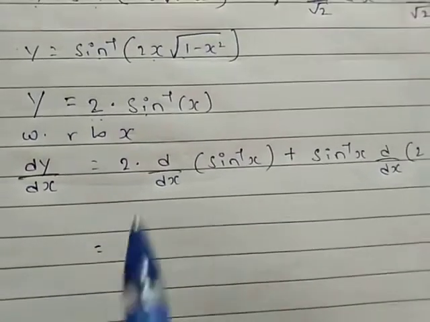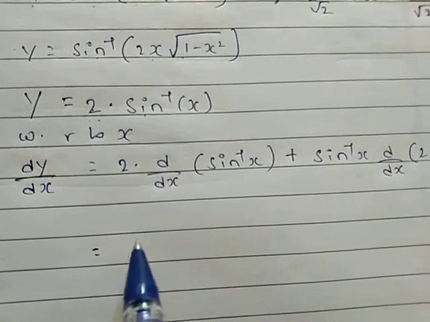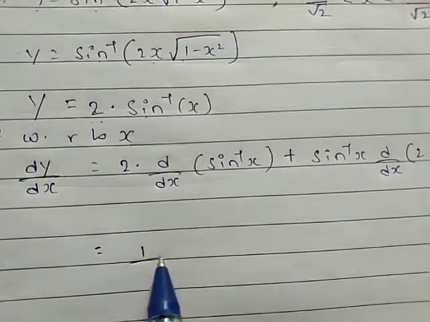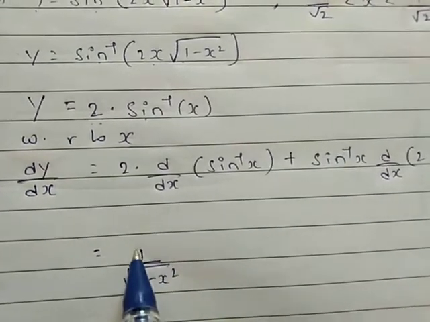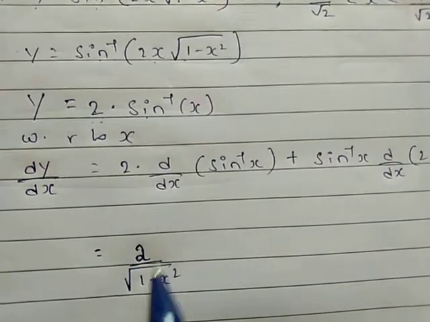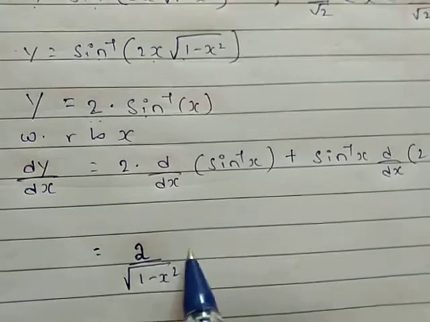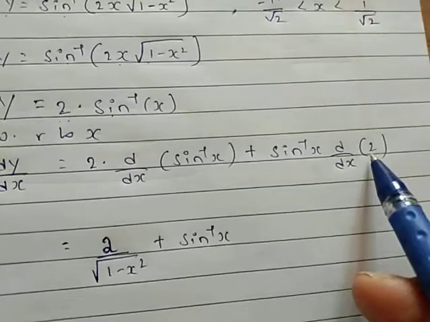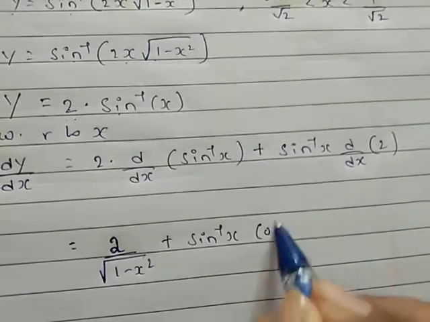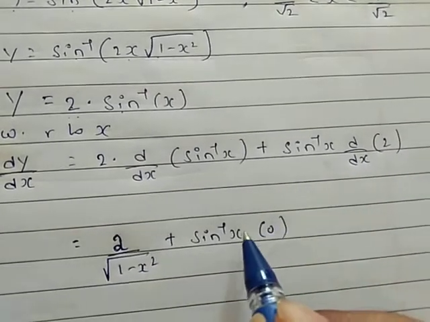Observe here, differentiation of sine inverse x is nothing but 1 divided by root of 1 minus x square, into 2, so we get 2 divided by root of 1 minus x square, plus sine inverse x remains constant. Differentiation of any constant is nothing but 0, so 0 into sine inverse x is again 0.